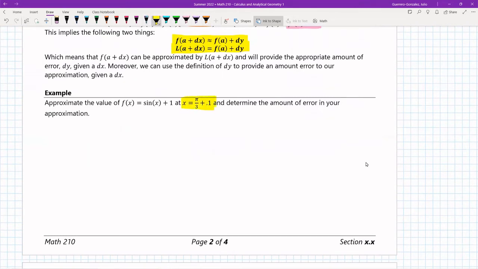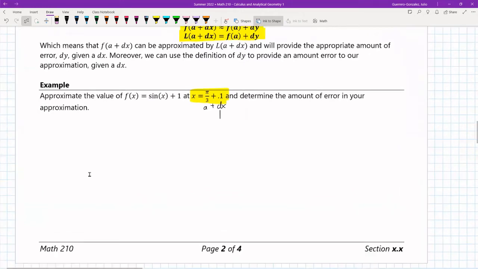So let's say we wanted to find the approximation to sine of x plus 1 at pi over 3 plus 0.1. Notice how it's a plus 0.1, so it's plus a little bit, okay? This right here is our a plus our dx, okay? And we want to determine the amount of error in our approximation.